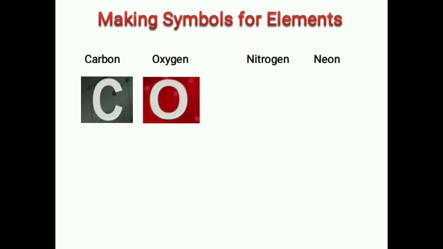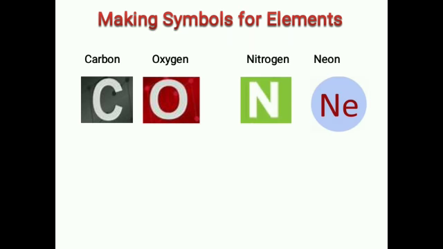So in this case, we add the second letter to the first to avoid confusion. For example, N is the symbol of nitrogen and Ne is the symbol of neon. So we write the first letter as a capital and the second letter as a small letter.